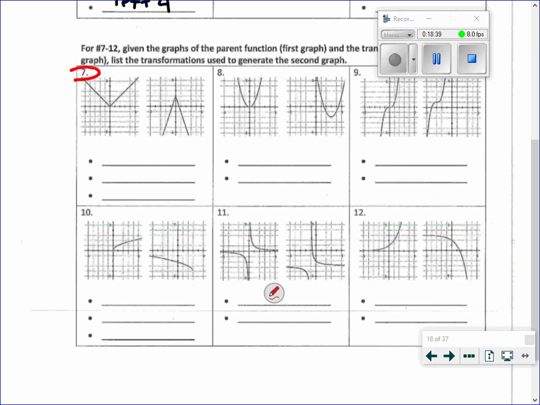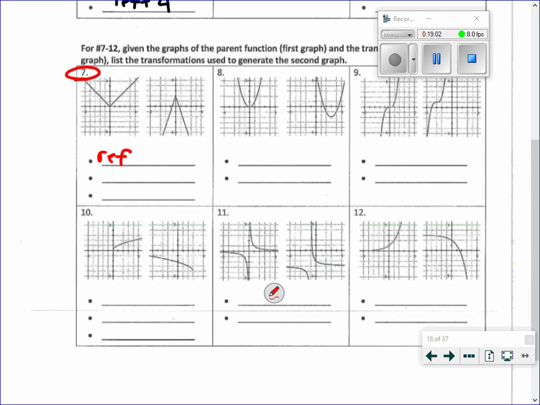Alright, so we're going to go over number 7 on this page, so we can also go over any other ones that you guys are having questions about. It seems like we're getting a good hang of it. So let's talk about number 7. What are some of the transformations we have with number 7? Yes, Russ.